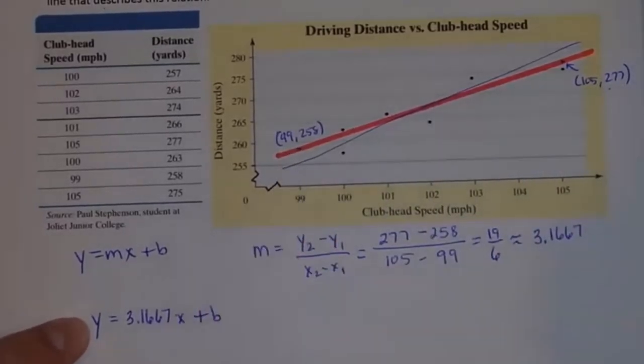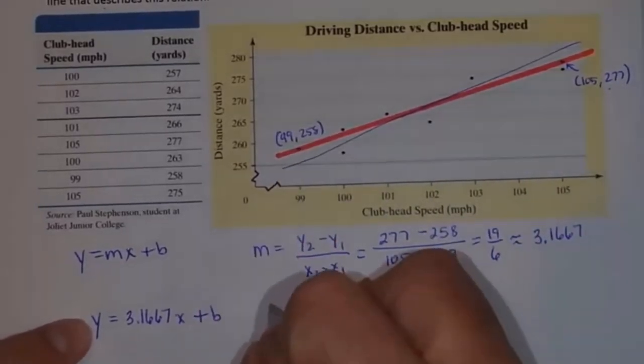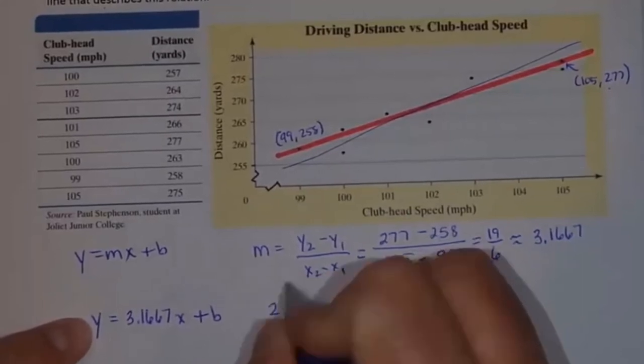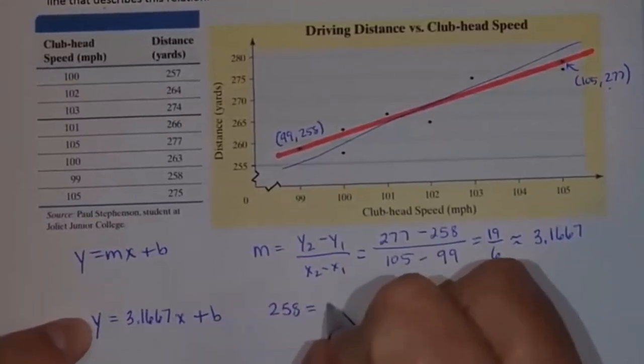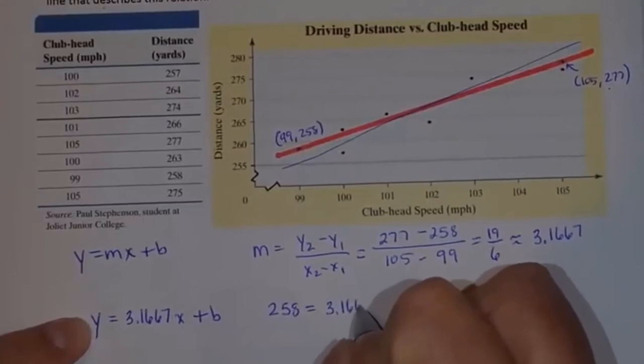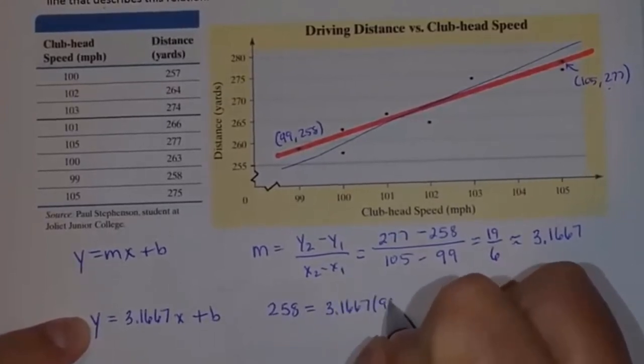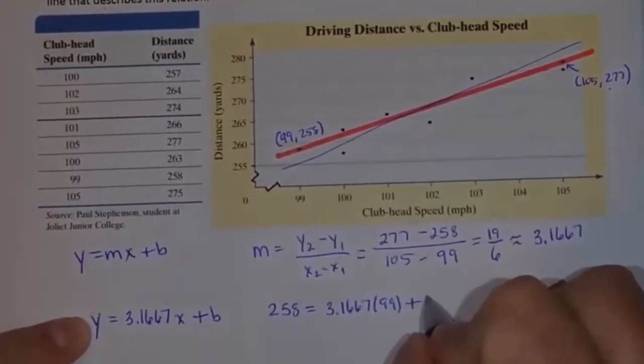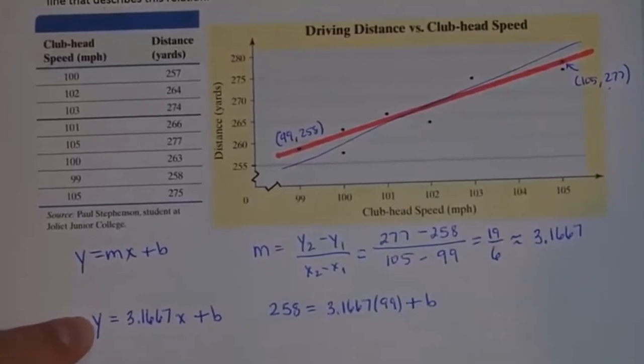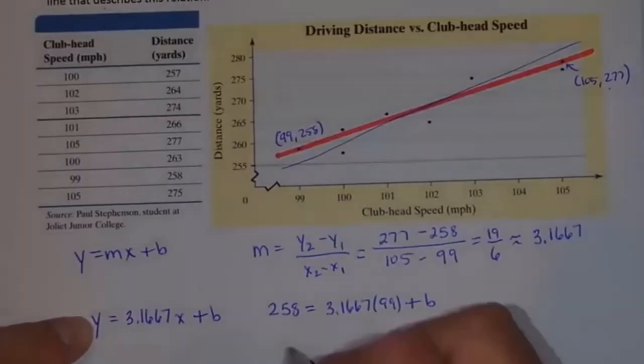So if I use the 99, 258, that means that 258, that's the y value, equals 3.1667 times 99, the x value, plus whatever the y-intercept is. Well, 3.1667 times 99 is 313.5033.